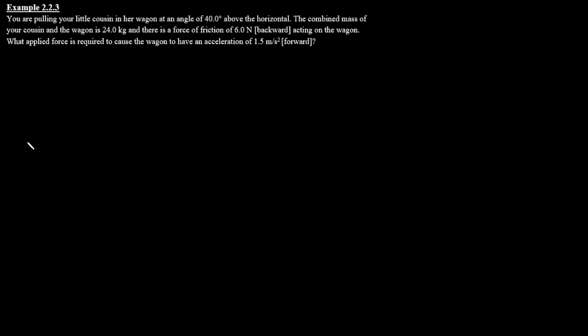Okay, so I'm just going to draw the situation. And normally when I picture a wagon, I picture a little red wagon. So we're going to draw our wagon in here. We're going to draw our little cousin in the wagon. And their combined mass is 24 kilograms.